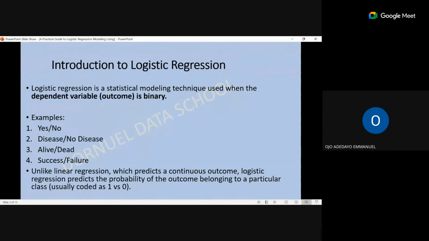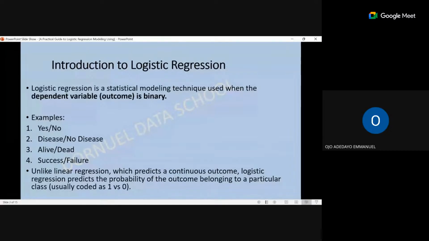Now, linear regression, we normally use linear regression to predict continuous outcome. And when I'm talking about the continuous outcome, I'm talking about the numeric value. We normally use it to get the numeric values that are continuous. Remember, I've explained the concept of discrete and continuous. Discrete variables or discrete data are the count data.